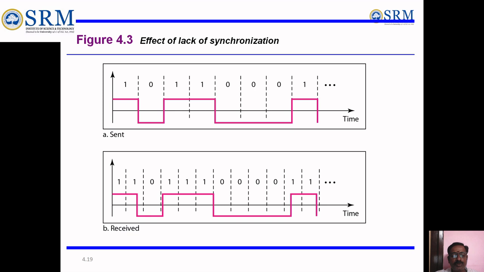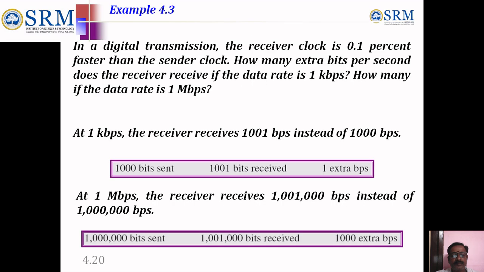The first diagram shows the sent information. The second diagram shows the received information. The difference is the received signal not matching or being synchronized with the given clock rate. Because of that, the lagging is shown in this second received signal.